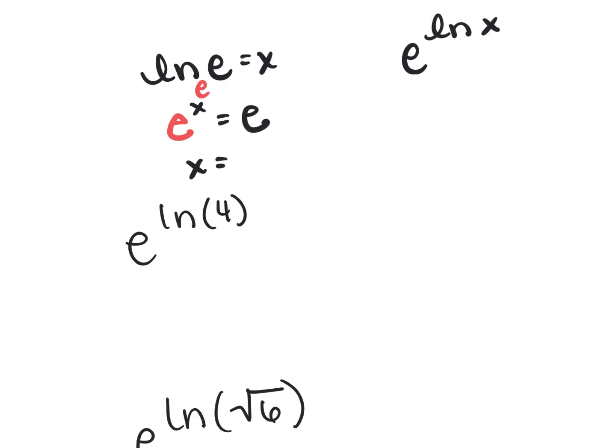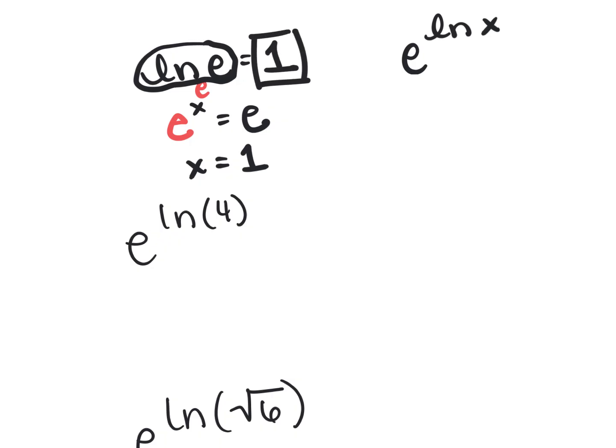So x is equal to 1, because e to the first power gives me, excuse me, e to the first power gives me e. So anytime I've got the natural log of e, I have to memorize the fact that that goes to the number 1. Natural log of e is just the number 1.